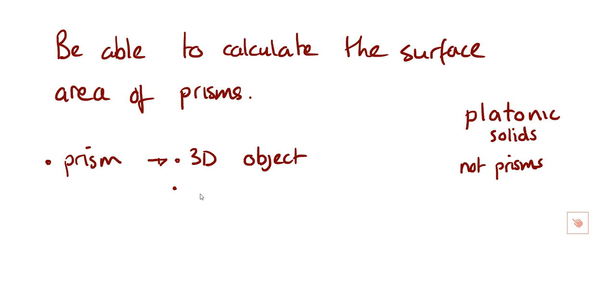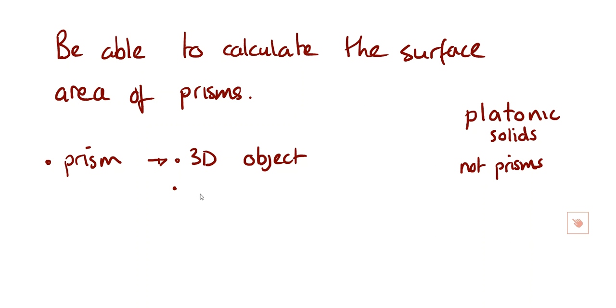This is not a prism. Which is the bit that makes this not a prism? The top, because it changes. If I were to cut it there, if I took only that bit, that would be considered a prism and a cylinder.